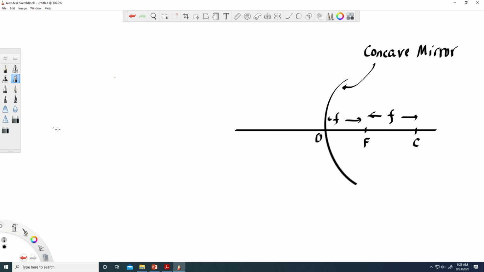In the same way, we can also draw these quantities for a convex mirror. We have a convex mirror. So for a convex mirror, this one is the reflecting surface.